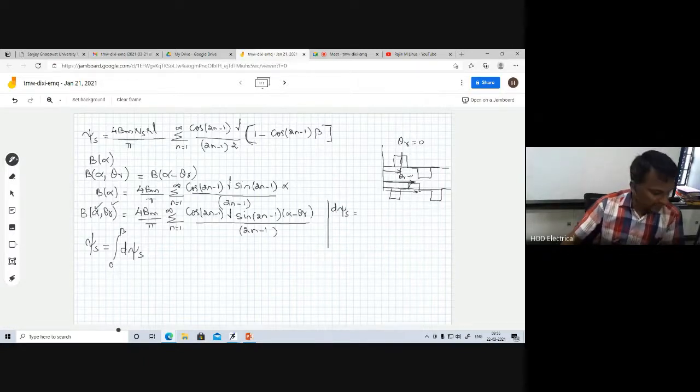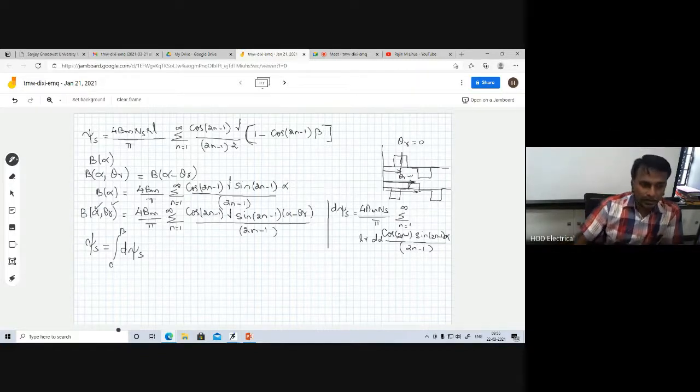Psi s is nothing but 4 Bm Ns divided by pi into the summation n equal to 1 to infinity, cos of (2n minus 1) into sin of (2n minus 1) alpha divided by (2n minus 1), into L into R into d alpha.